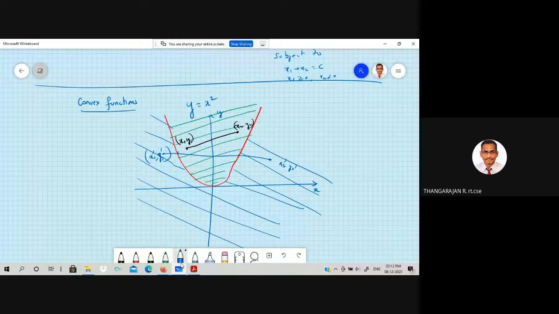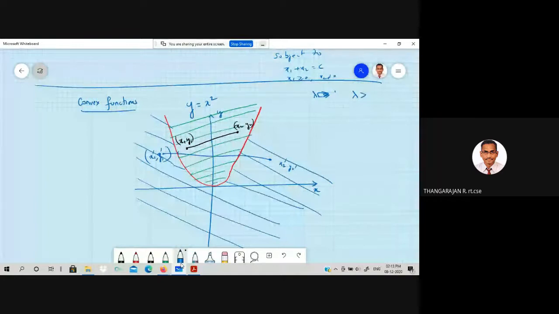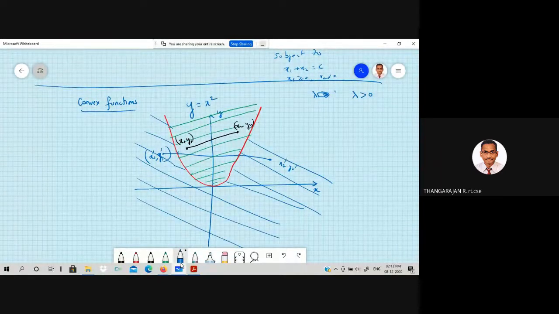Okay. So convex functions are this. So how do you say that it's a convex function? Say, for example, if you have a function, you take a value lambda that is greater than 0, sorry, if small lambda is greater than 0, then lambda times f of x plus 1 minus lambda times f of x should belong to S, where S is any region.